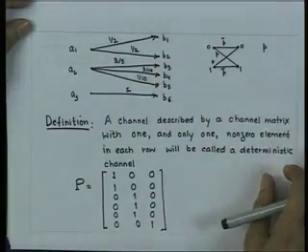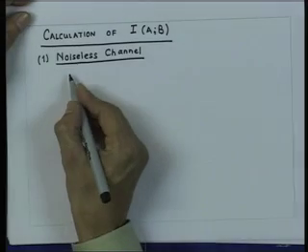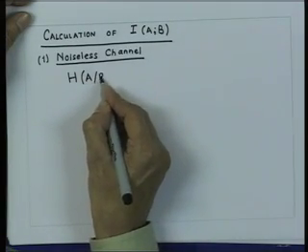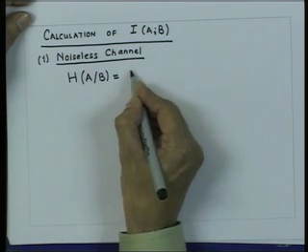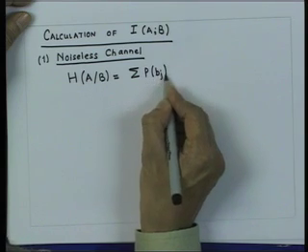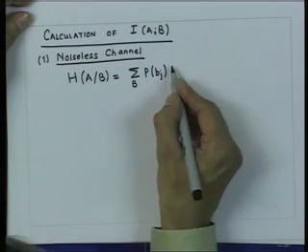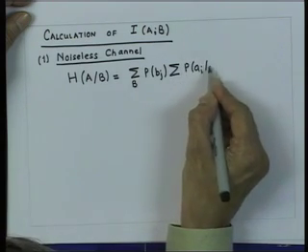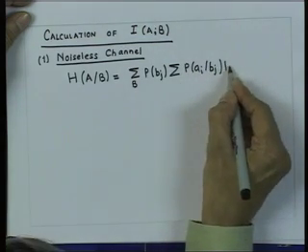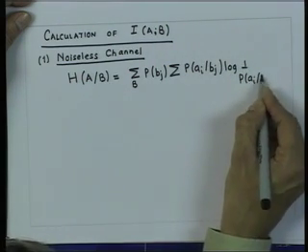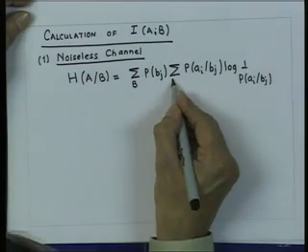So, using this fact, we can write the equivocation, defined as H of A given B, which is equal to the summation over B j of probability of B j, times the summation of probability of A i given B j times log of 1 over probability of A i given B j.